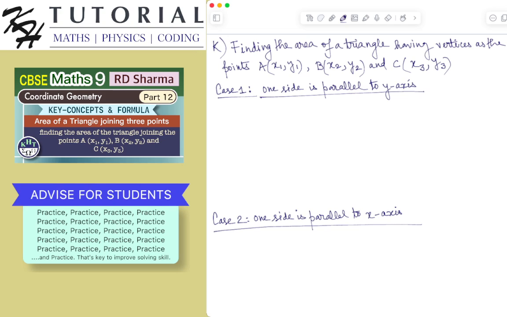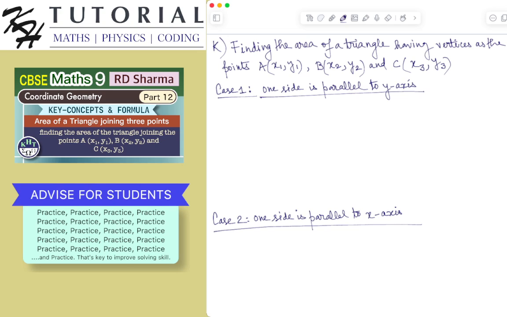So I will not draw the x-axis and y-axis. Hope you will understand. I'm just drawing the triangle. So one side is parallel to the y-axis.